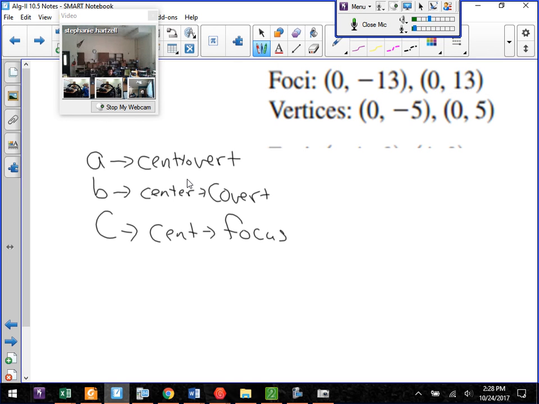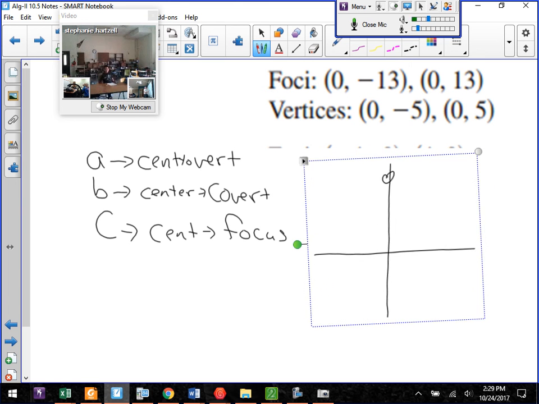So what we're looking at starting today, obviously we have everything centered at the origin. You have this value of C as your center to your focus. So if you think about it, if my focus is at 13, negative 13, and the vertices are at 5 and negative 5.